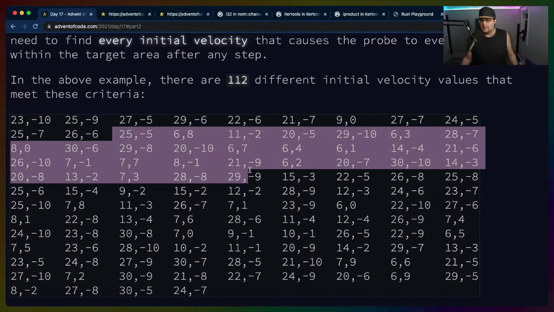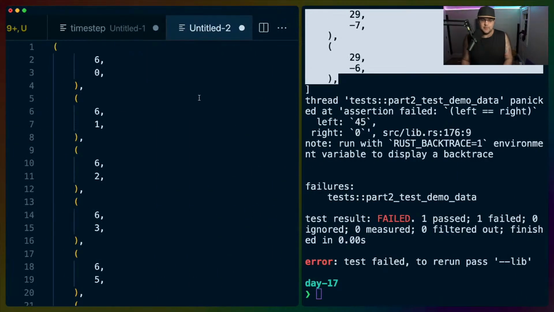Is it not? Yes, it's completely unsorted. Holy. That's annoying. Why couldn't they have done like all of the Y's or all of the X's or something? You just randomly jumble them up.